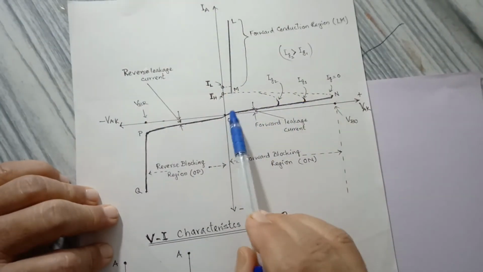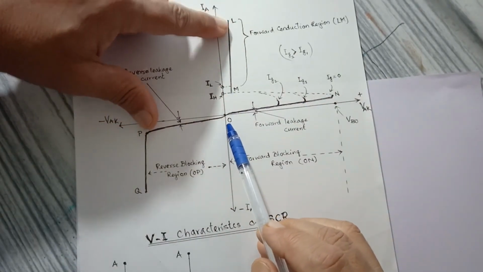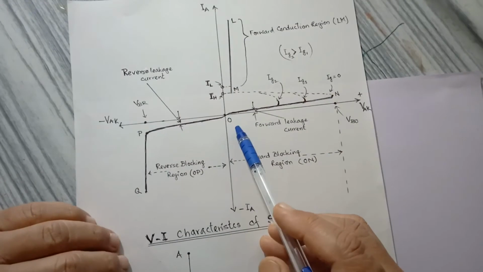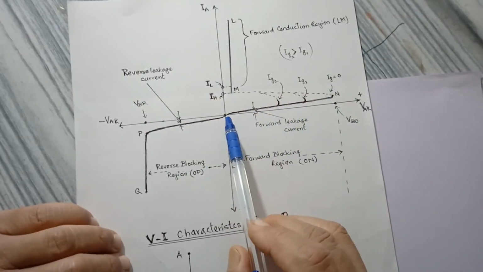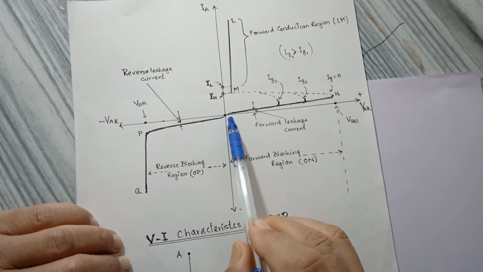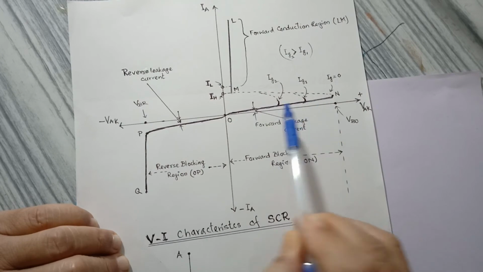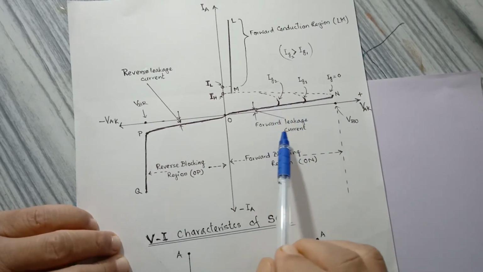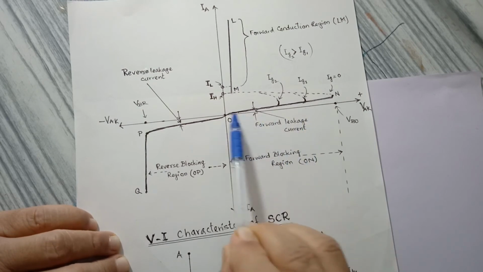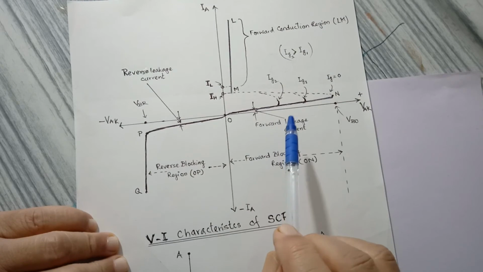So after firing, the anode voltage drops to 1 to 5 volts and a large anode current results. Now once again, if you increase this gate current, you can see that it still fires at a little lower anode voltage. The anode voltage at which the SCR begins its conduction is called the firing voltage.